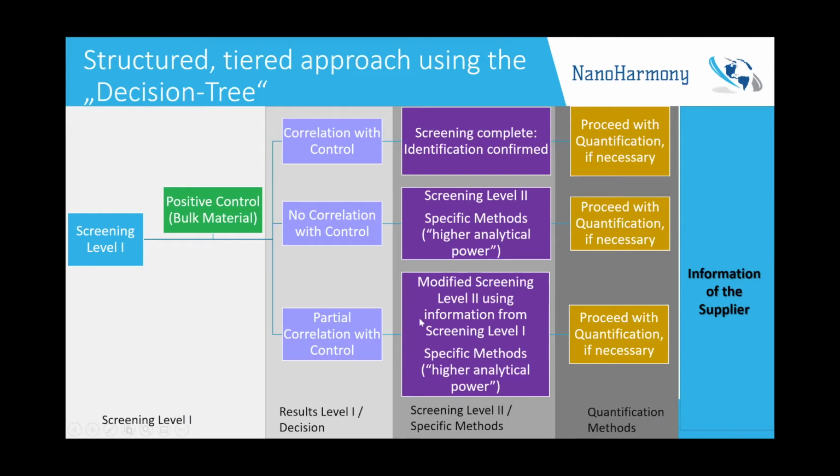Sorry. You can then check what other analytical methodologies should follow, depending on what the correlation with the bulk material, the coating material, gave you. So to complete the screening, you may move on to more specific, more cost-intensive methods and complete the identification.